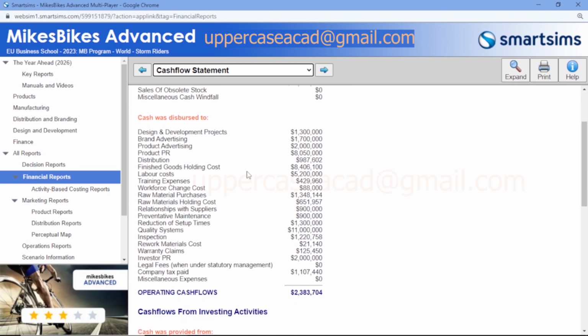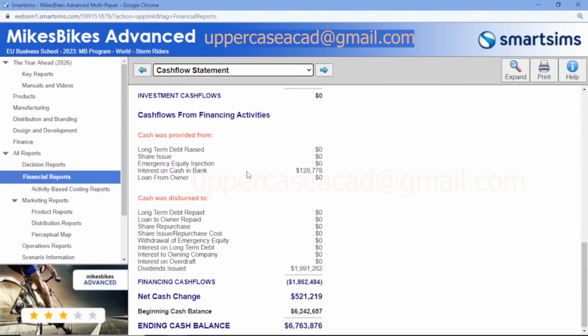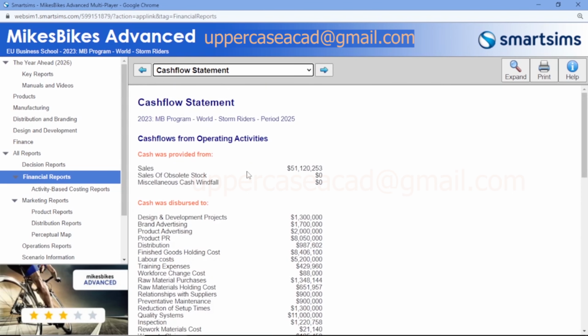Under the cash flow statement, we have cash flow from operating activities. This will show you the sources and uses of cash from the company activities.